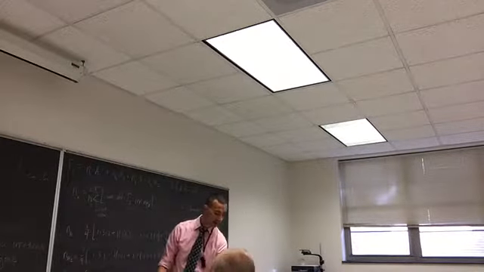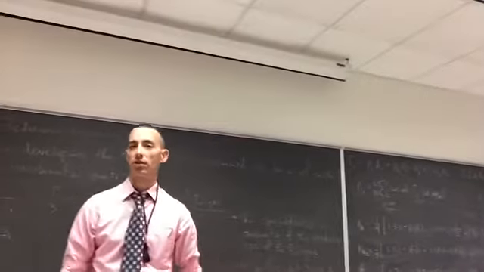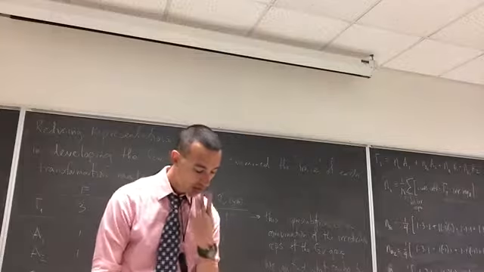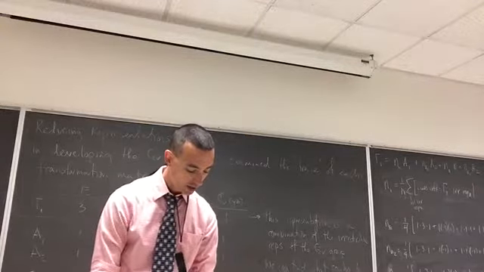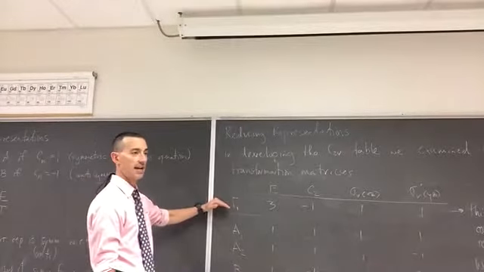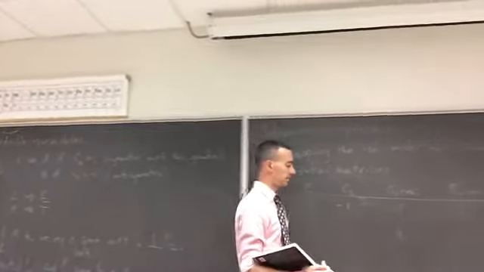So this is what's known as reducing a representation. Finding out what components are part of the aggregate that you're looking at, or the total. Okay. All right, let's try another one of these.